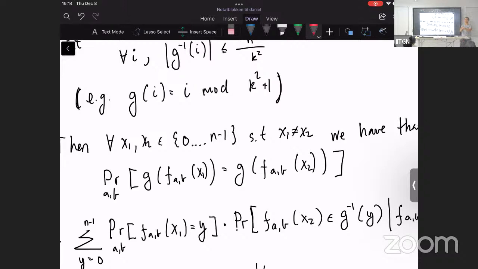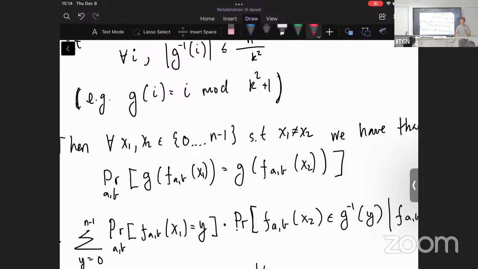I want to say that this calculation still holds true even when we don't bucket every element uniformly at random independent of the other ones, but bucket them according to this funky rule of choosing a, b, and then applying the function g.